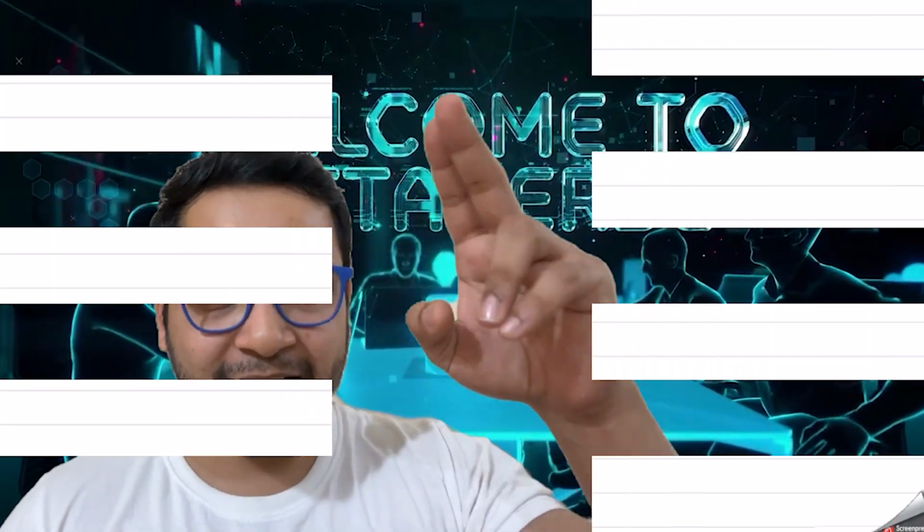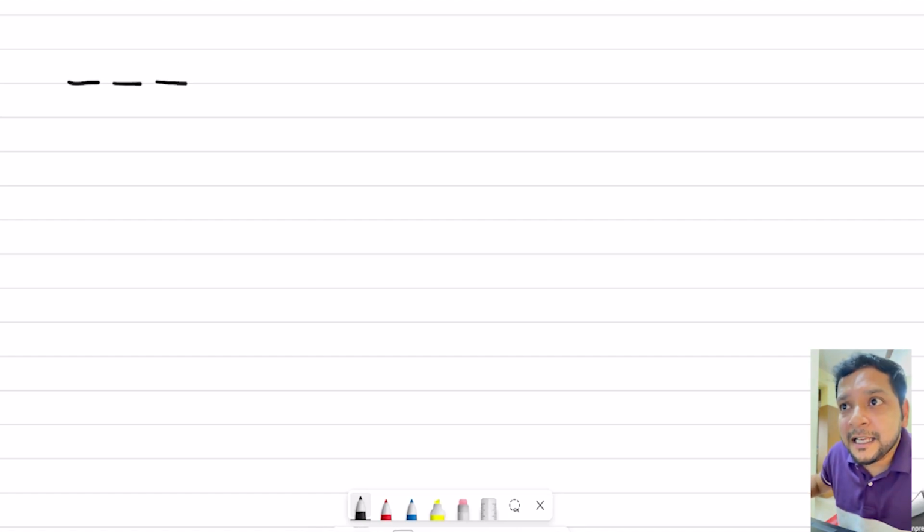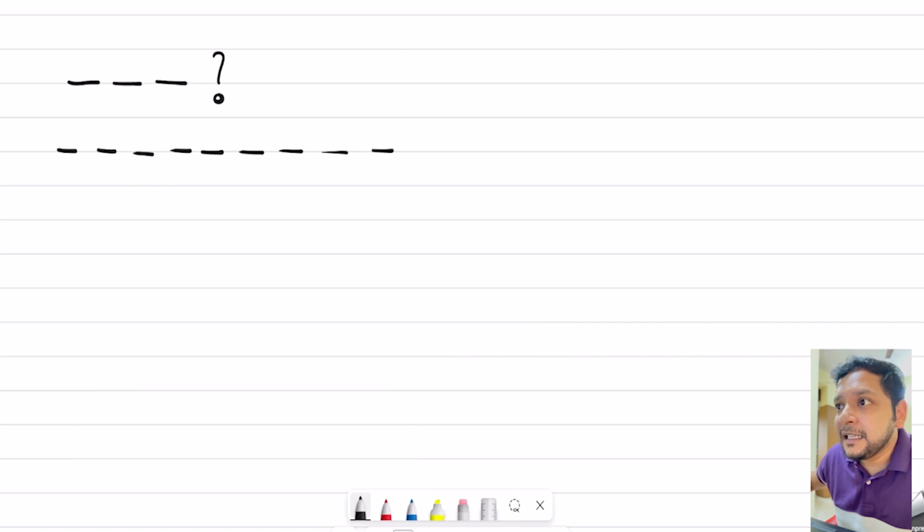So let's start. Natural language is very difficult to process. Say, for example, if your model or the architecture is seeing few words, then it is very difficult to predict the next word. But if the model or the architecture is seeing lots of past words or sentences, then it will be easy to predict the next word or the completion of the text.